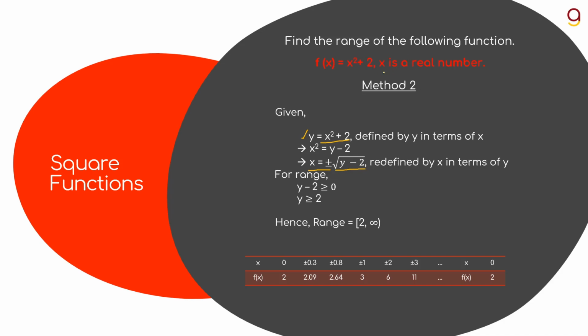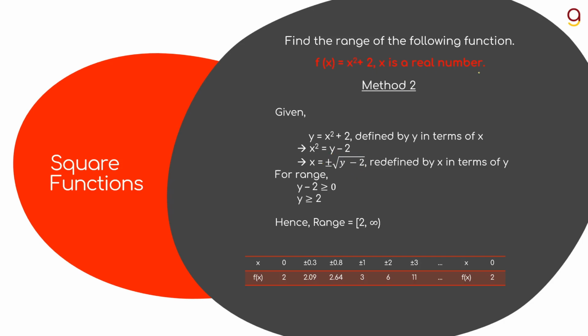Now x is a real number. X can't be an imaginary number. So y minus 2 will always be greater than or equal to 0. If y minus 2 becomes less than 0, we will get a negative number inside the root, which will make this whole thing an imaginary number. But x is not imaginary, x is a real number.